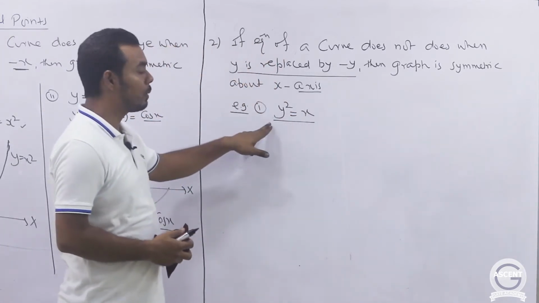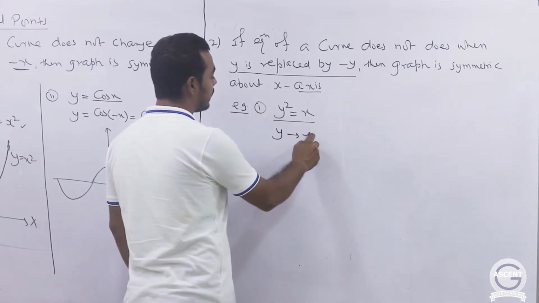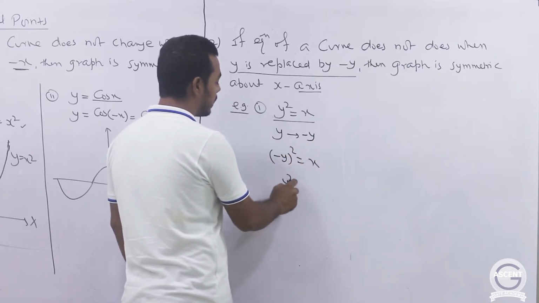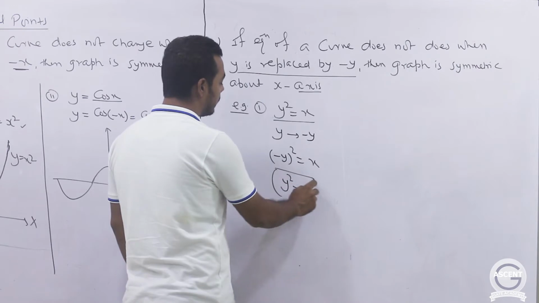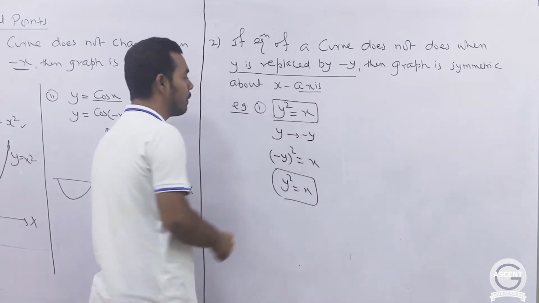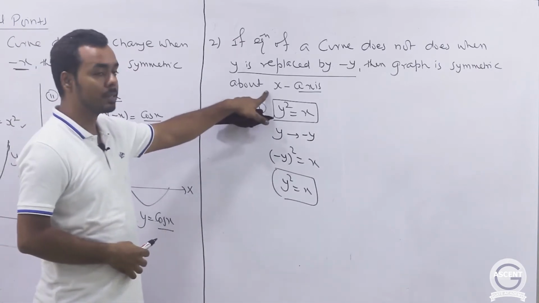So if you replace y by minus y, in place of y if I write minus y, then I will get minus y square equals x, which is nothing but y square equals x. So if you replace y by minus y, you are getting the same equation, and this means this graph has to be symmetric about x-axis.